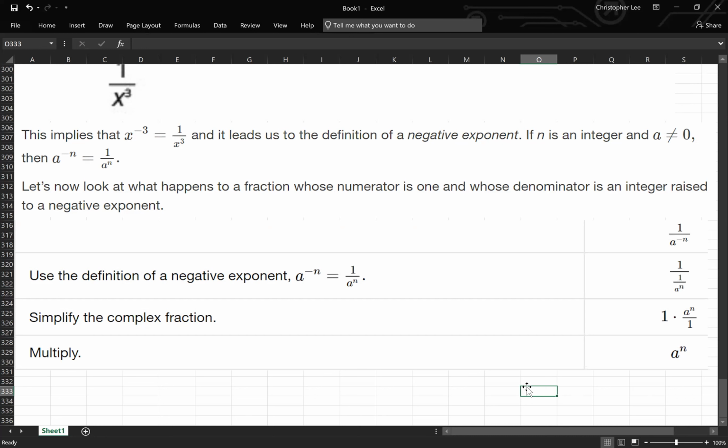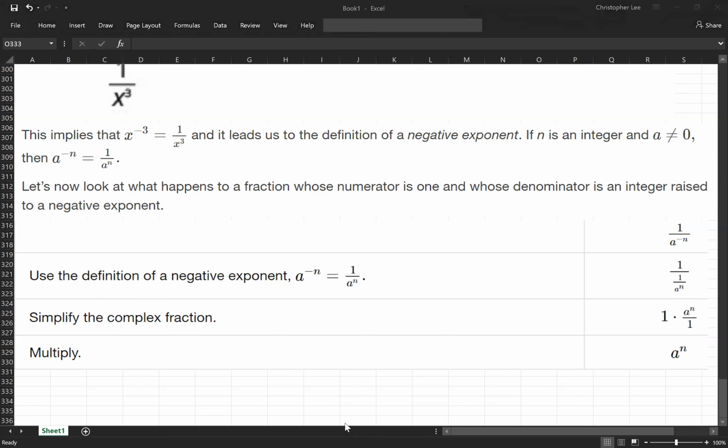Remember, keep, change, flip? Same thing. I'm going to keep the 1, flip the denominator, multiply straight across. It just equals a to the n. Keep, change, flip. Right back at it. I think that was like day 2.